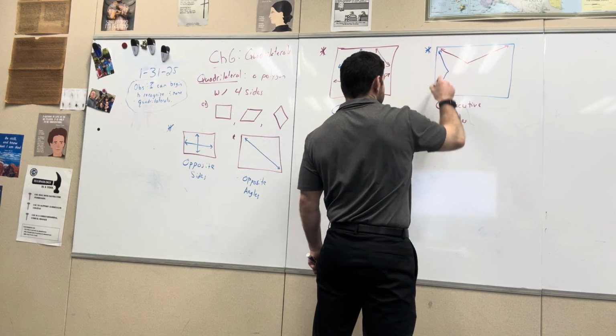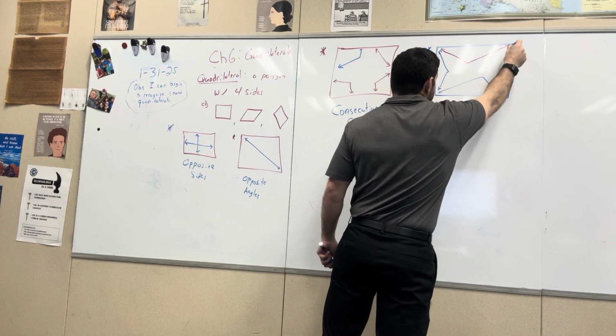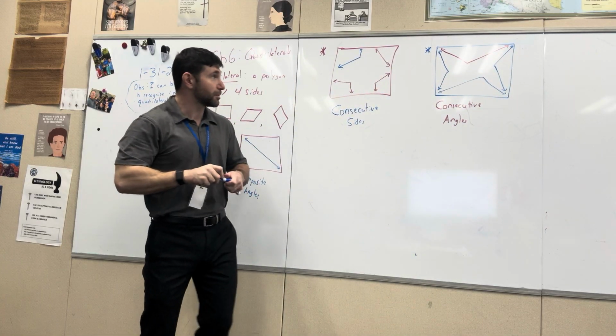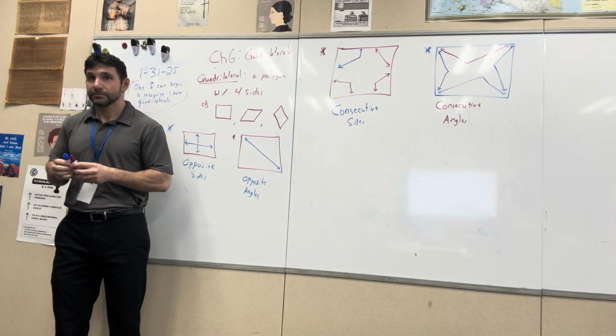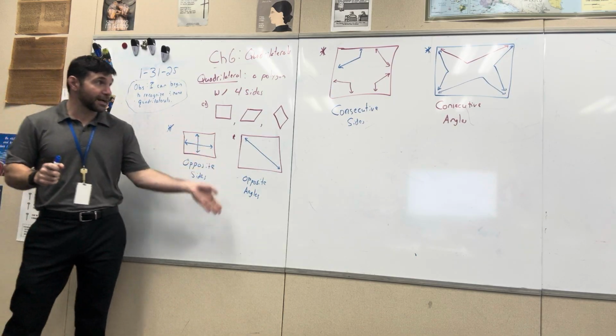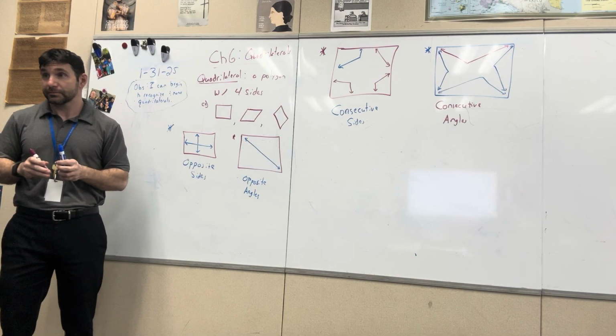So notice how this angle and this angle are on the same side. This angle and this angle are on the same side. Okay, so consecutive angles. You need opposite sides, opposite angles, consecutive sides, consecutive angles. Have I lost anybody yet? Good.